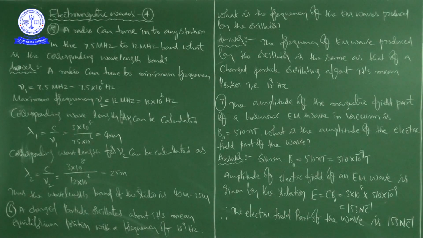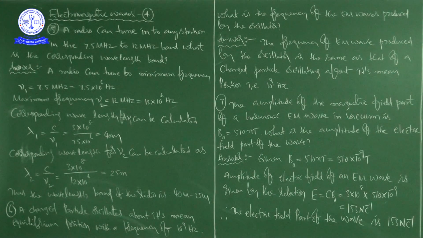Okay, right, see here. A radio can tune into any station in the 7.5 megahertz to 12 megahertz band. What is the corresponding wavelength band?